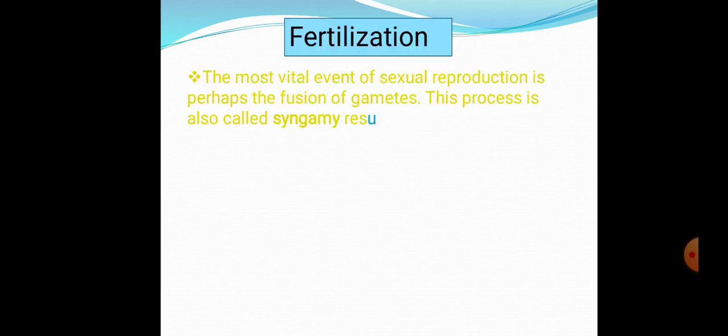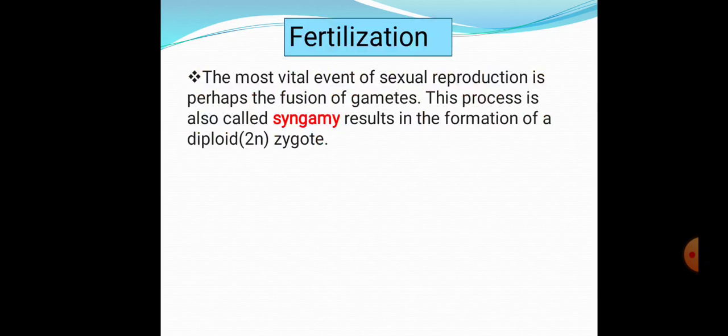What is fertilization? I can say it is the most vital event of sexual reproduction, which includes the fusion of gametes. This process of fusion of male and female gametes is called syngamy. After the fusion, it results in the formation of a diploid zygote.